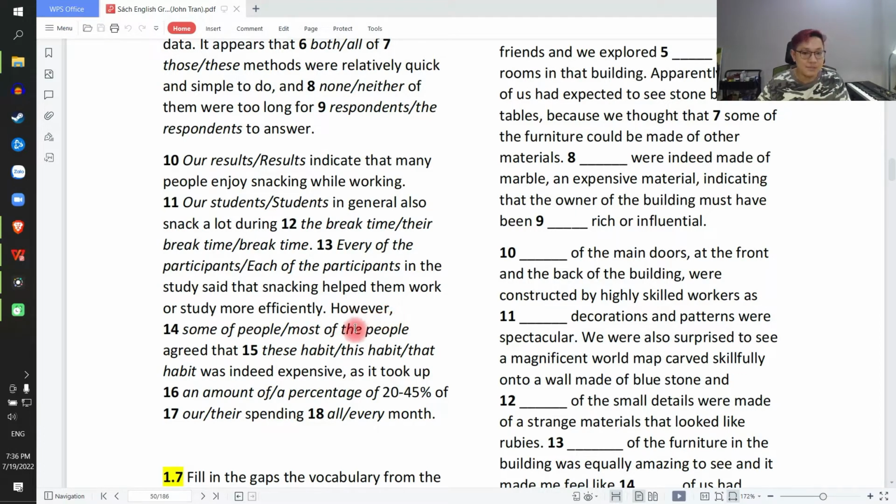However, most of the people agreed that this habit was indeed expensive, as it took up a percentage of 20 to 45% of their spending every month.